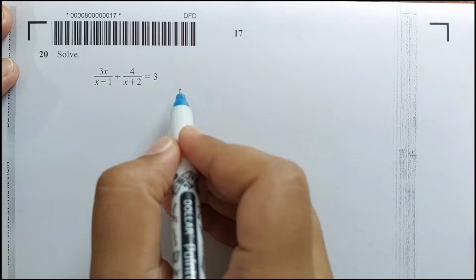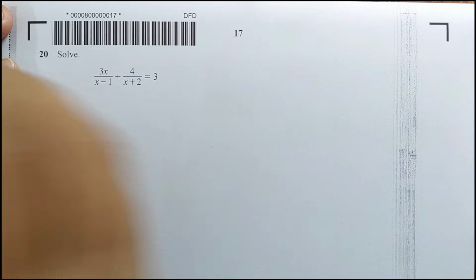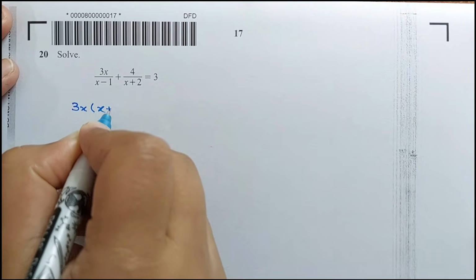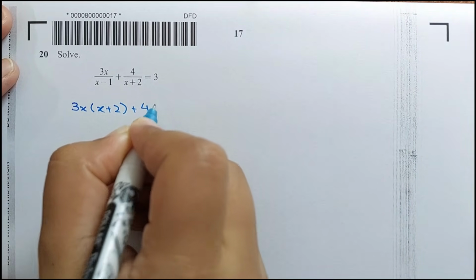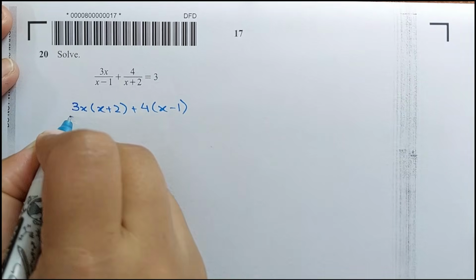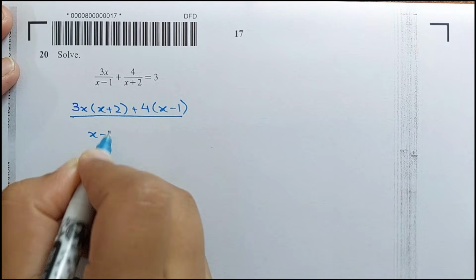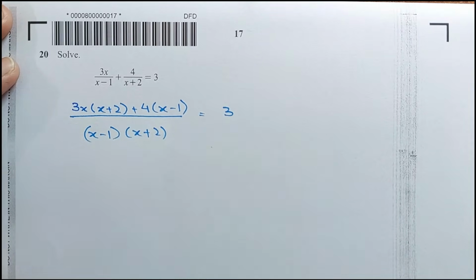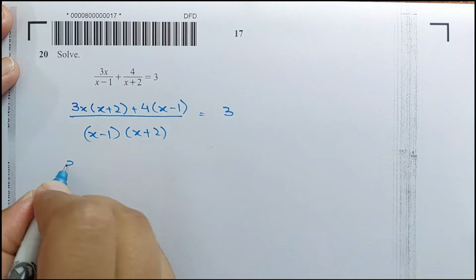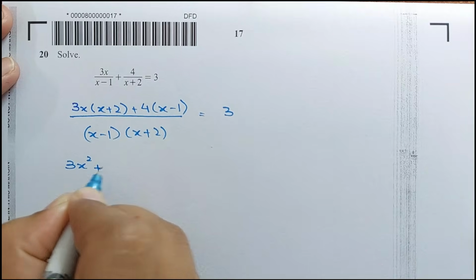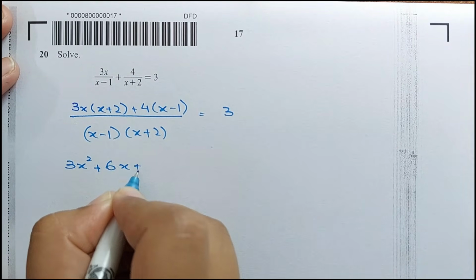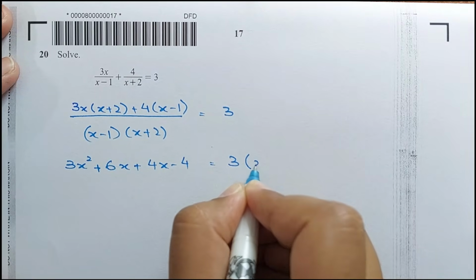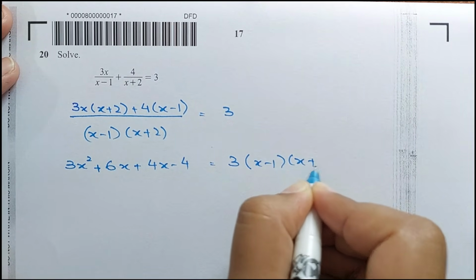Question number 20, we need to solve this. So we do the cross multiplication. 3x is multiplied with the opposite denominator x plus 2, plus 4 is multiplied with the opposite denominator x minus 1, divided by x minus 1 into x plus 2, and this equals 3. 3x with x is 3x squared, plus 3 times 2 is 6x, plus 4x minus 4, and this equals 3 into x minus 1 and x plus 2.